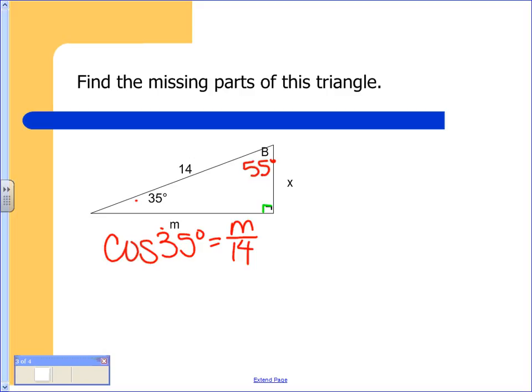Yeah, just one decimal. We're finding m, so we want to use m in our equation. No, it doesn't.